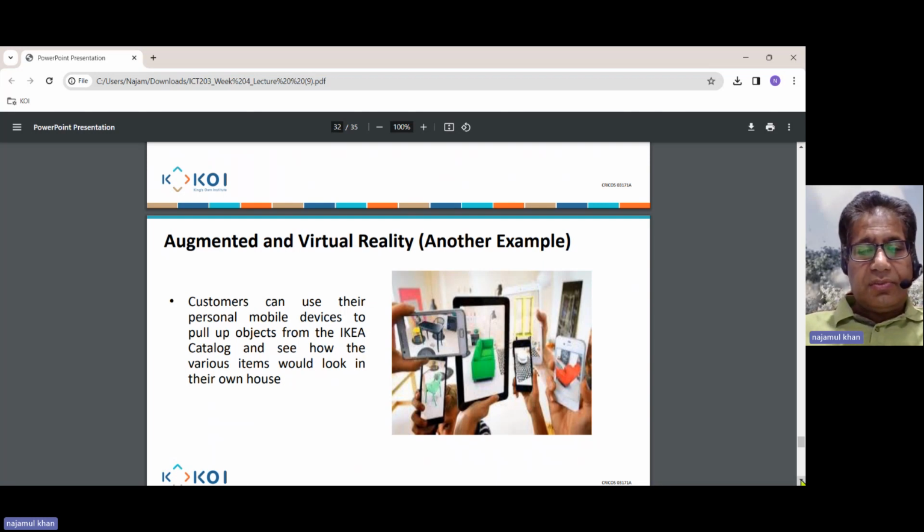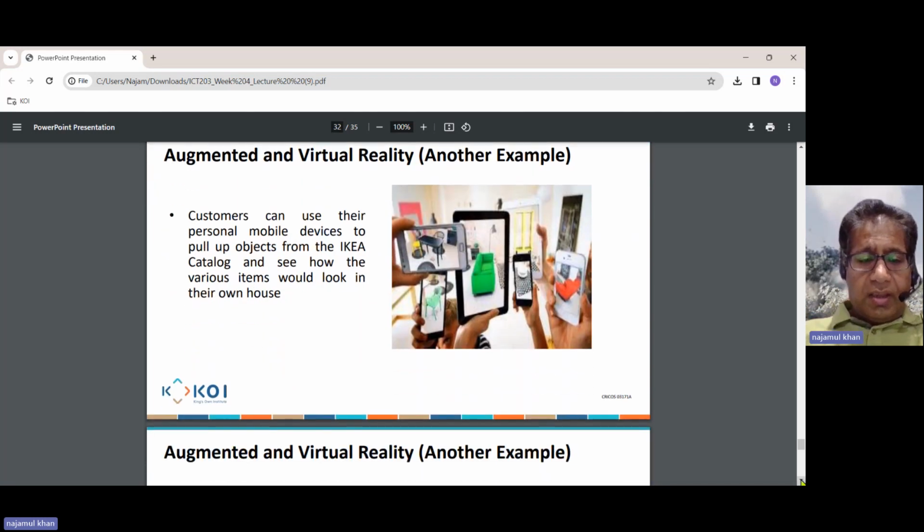You can feel how that item will look in your own house. It's a very good technology, and at this stage its uses are limited, but with time the uses will get better and improve. Definitely that is going to happen, and it is happening already.